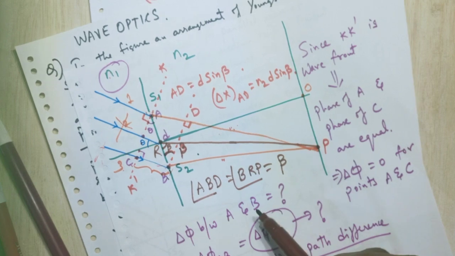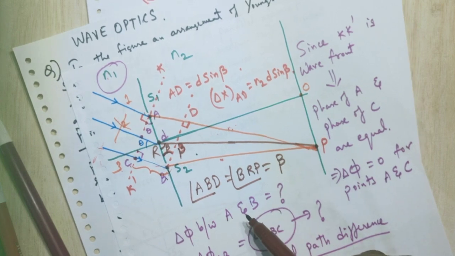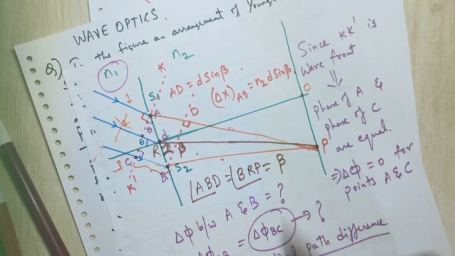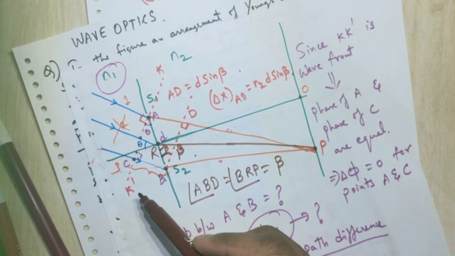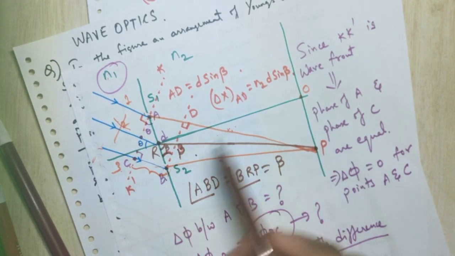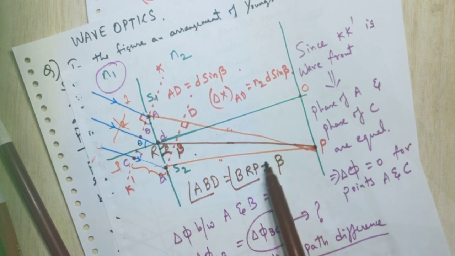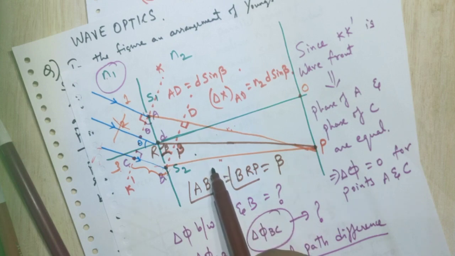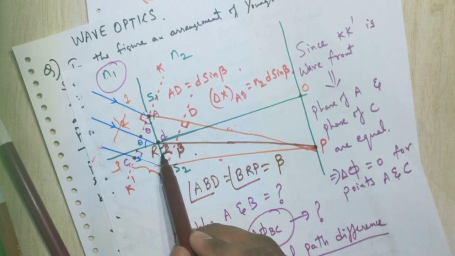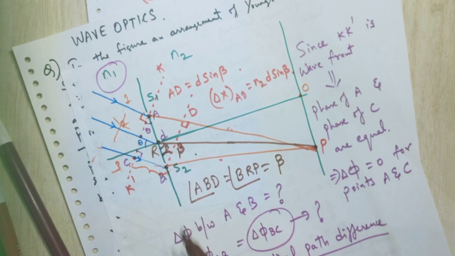For that, you go through the derivation of Young's double slit experiment, the fringe expression derivation. You can go through any standard proof. You will see how this proof comes, first of all by assuming that these three rays are nearly parallel to each other. From that assumption we get that this beta is equal to this beta.